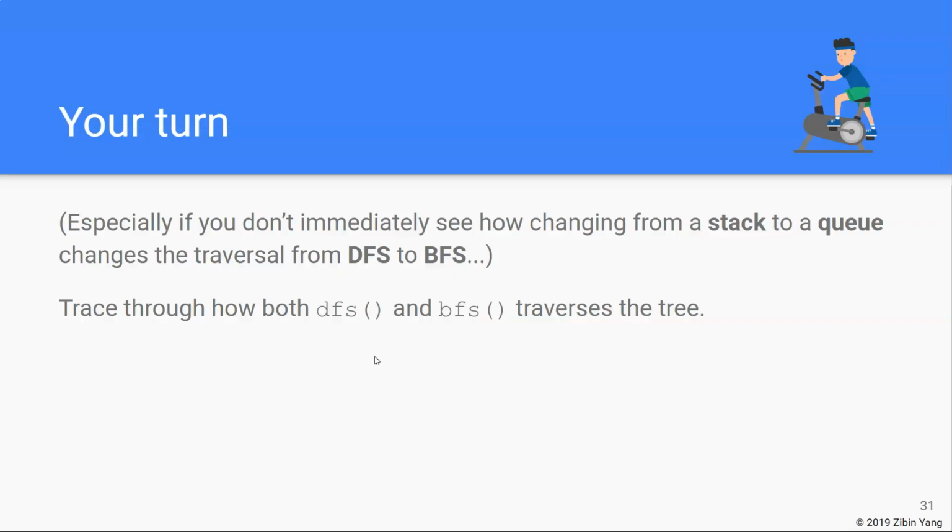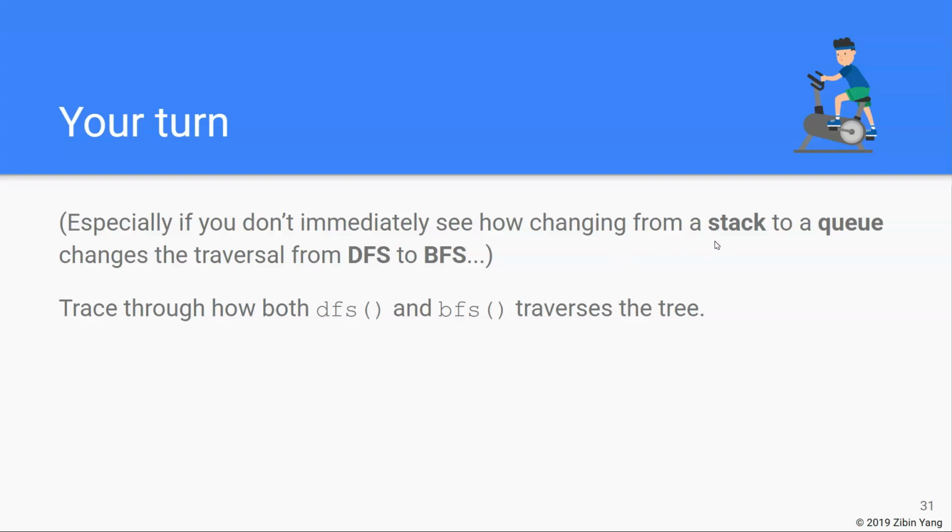The next thing I want you to do, especially if you don't understand thoroughly how DFS or BFS implementations work, or how changing the stack to a queue in the DFS would change the traversal to a BFS, is that you should trace through step by step how each of these implementations work.